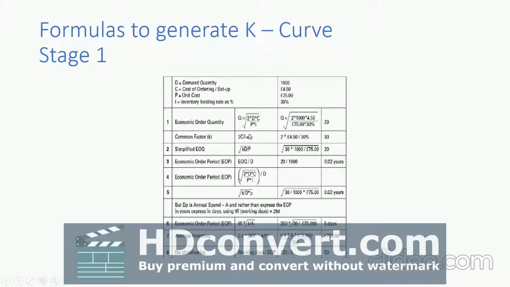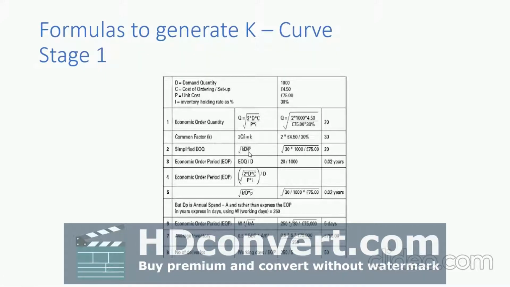So we are substituting the K value in economic order quantity. The simplified formula will be the square root of KD divided by P. It's nothing but the square root of K, the common factor, times D, the demand quantity, divided by the unit cost. That's the simplified formula.